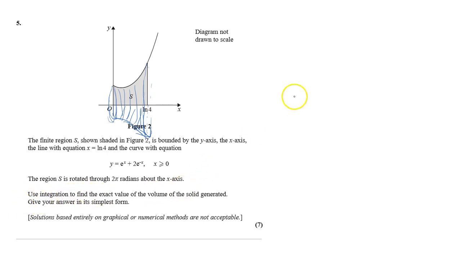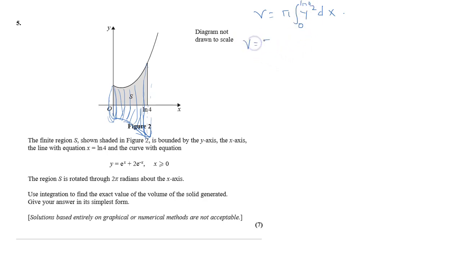Use integration to find the exact volume. We know the volume is pi integral y squared dx, with limits 0 to ln 4.